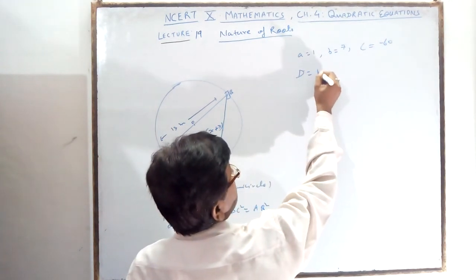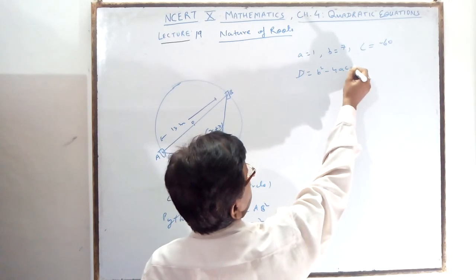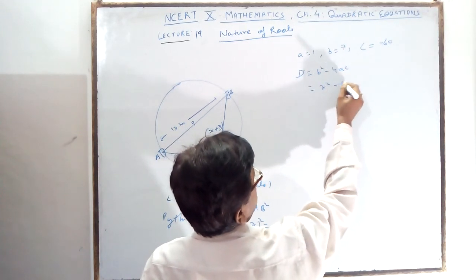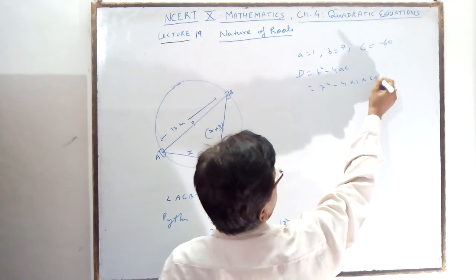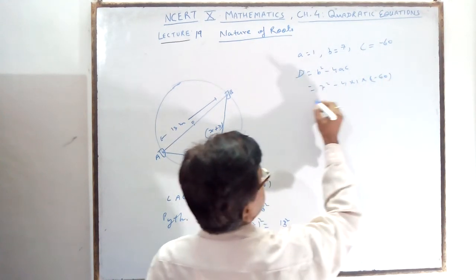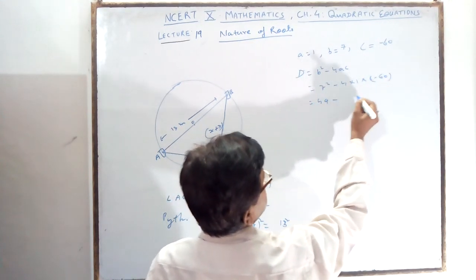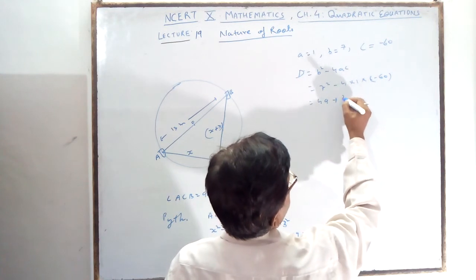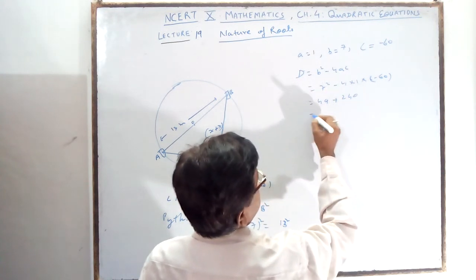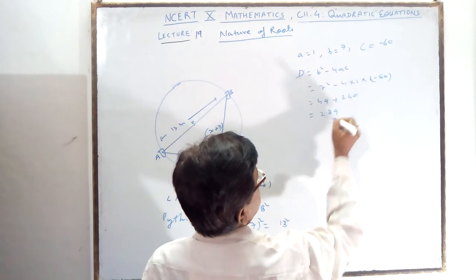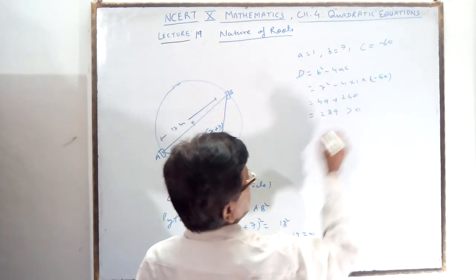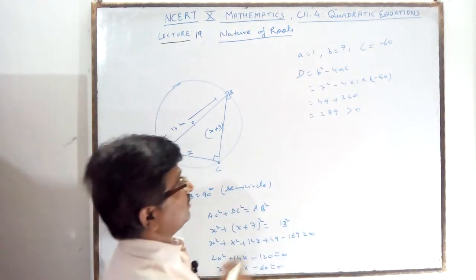So the discriminant is equal to B square minus 4AC. 7 square minus 4 into 1 into minus 60 gives you 49 plus 240, which gives you 289. It is greater than 0, so it has two real roots.